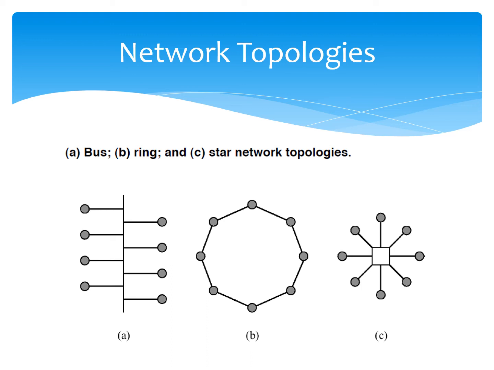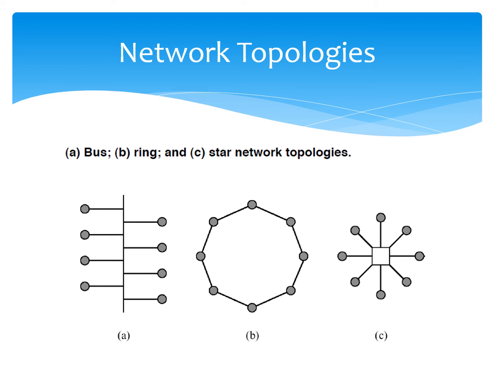A LAN allows a set of closely grouped computers and other devices to share common resources such as data, software applications, printers, and mass storage. There are 3 primary LAN topologies as illustrated on the screen. The 3 organizations include bus topology, ring topology, and star topology.